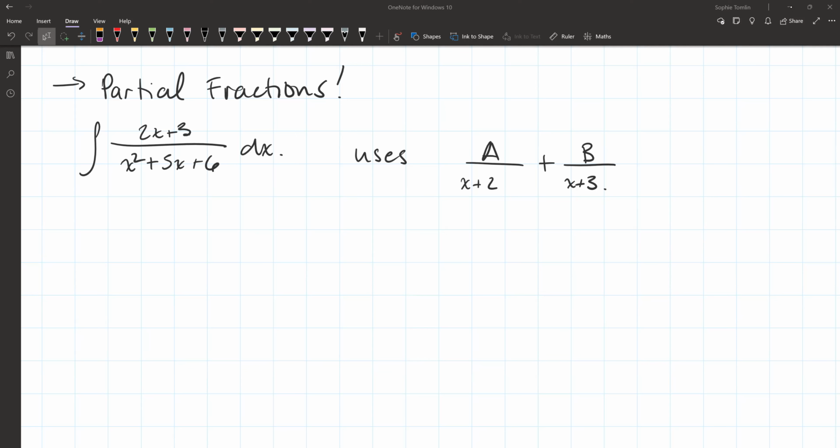So here we have a denominator that is larger than our numerator. We call this a proper rational function because the degree of the denominator is larger than the degree of the numerator.